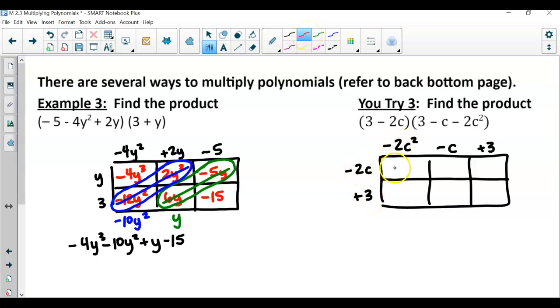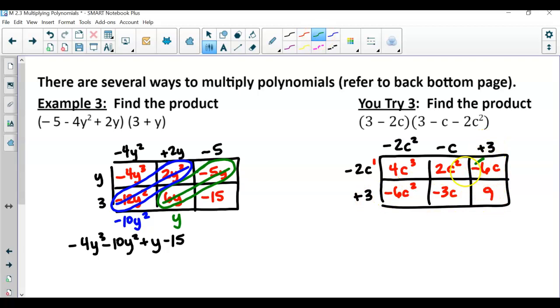Negative times a negative, positive 4c squared times c, c cubed now, because that has an exponent of 1. Negative times a negative, positive, but c times c squared. Then 3 times negative 2c, negative 6c. Now the bottom, 3 times negative 2c squared, negative 6c squared. 3 times negative c, negative 3c, and 3 times 3 is 9.